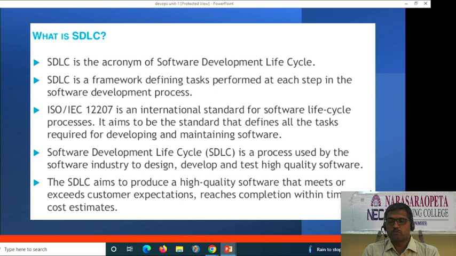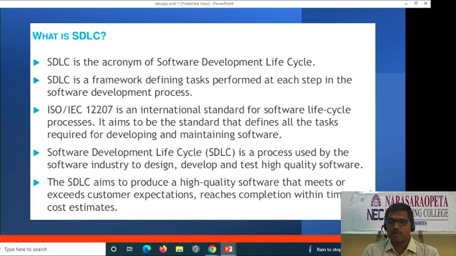So the SDLC has to work out what the customer is expecting, think over the time span, and also look at the cost, how much it will be, and whether it is bearable or not.